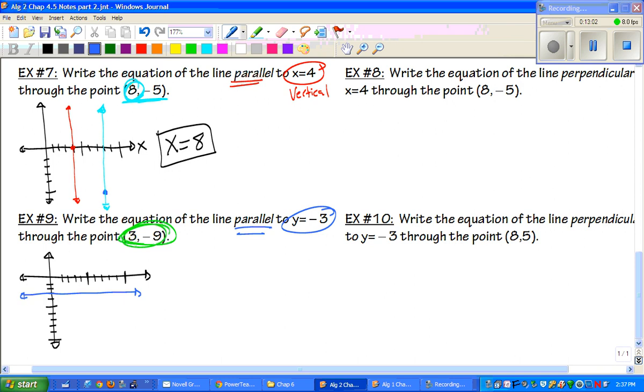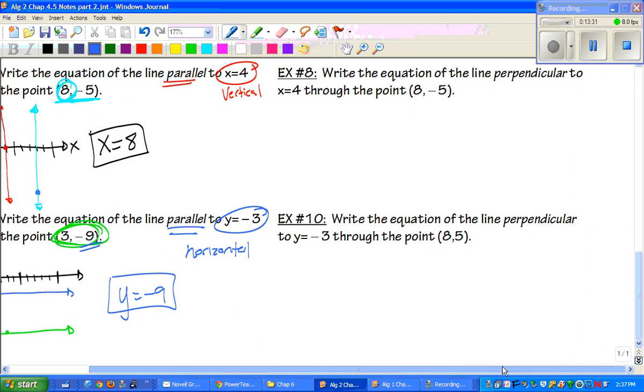There's my line. I want it parallel, and it's got to go through the points 3, -9. So parallel again means that this one is horizontal. And so we look at the y, and it's y equals -9.